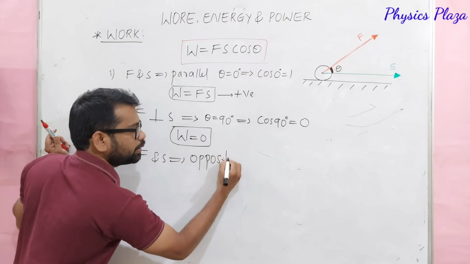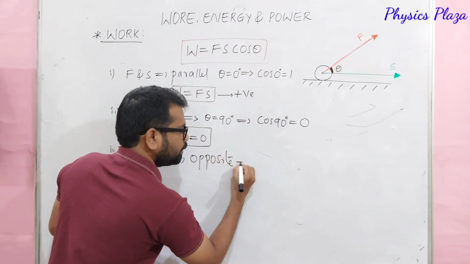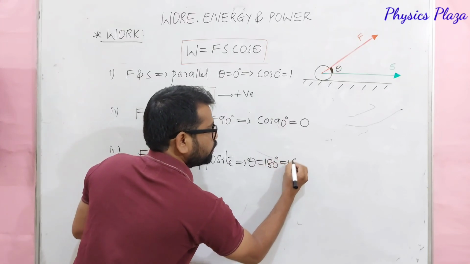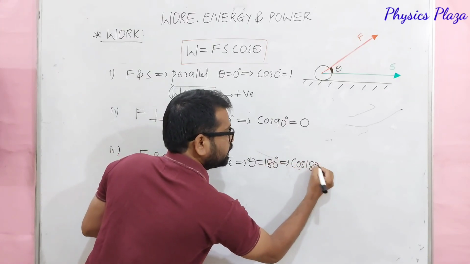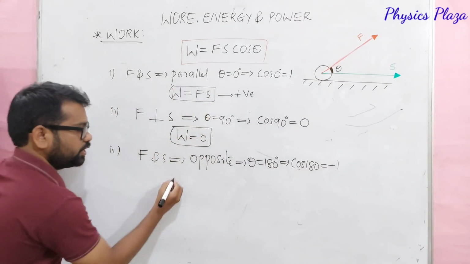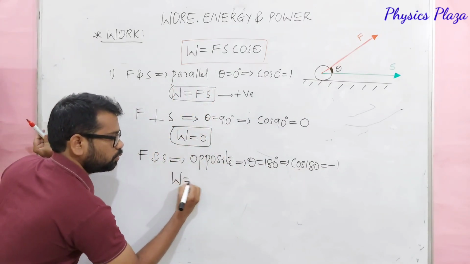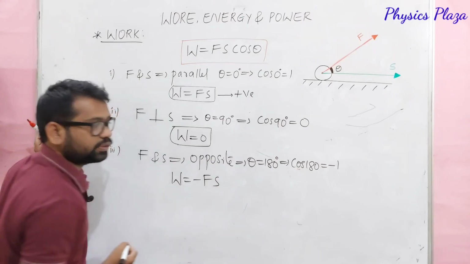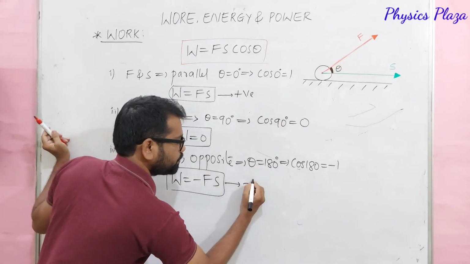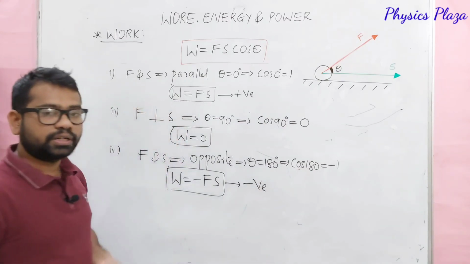Then what will be the angle? Theta is equal to 180 degrees. So cos 180 degrees is equal to -1. If you substitute -1, you will get W = -Fs, which means work done will be negative.